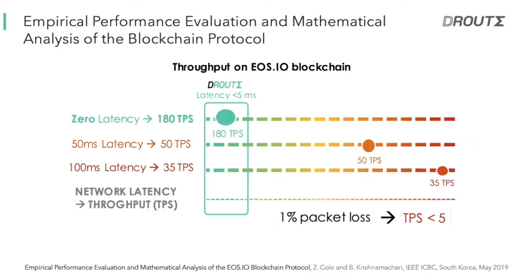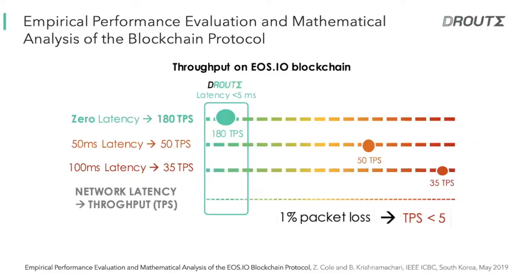What they did is an empirical performance evaluation on the EOS blockchain. They saw around 180 to 200 TPS, and the whole paper is going to be available pretty soon.